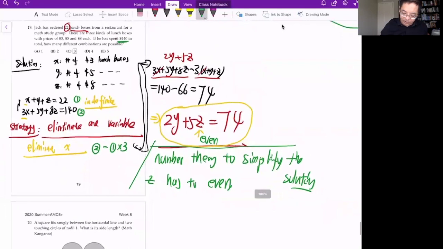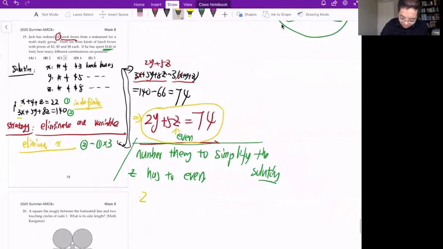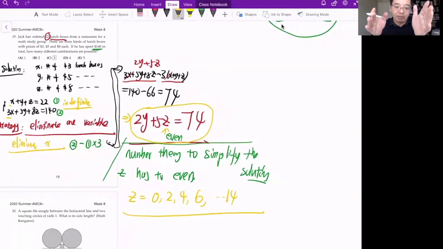And z cannot be larger than 16. So the possible choices of z are 0, 2, 4, 6, and all the way to 14, not 16. Then you just try them one by one to find the right solution.